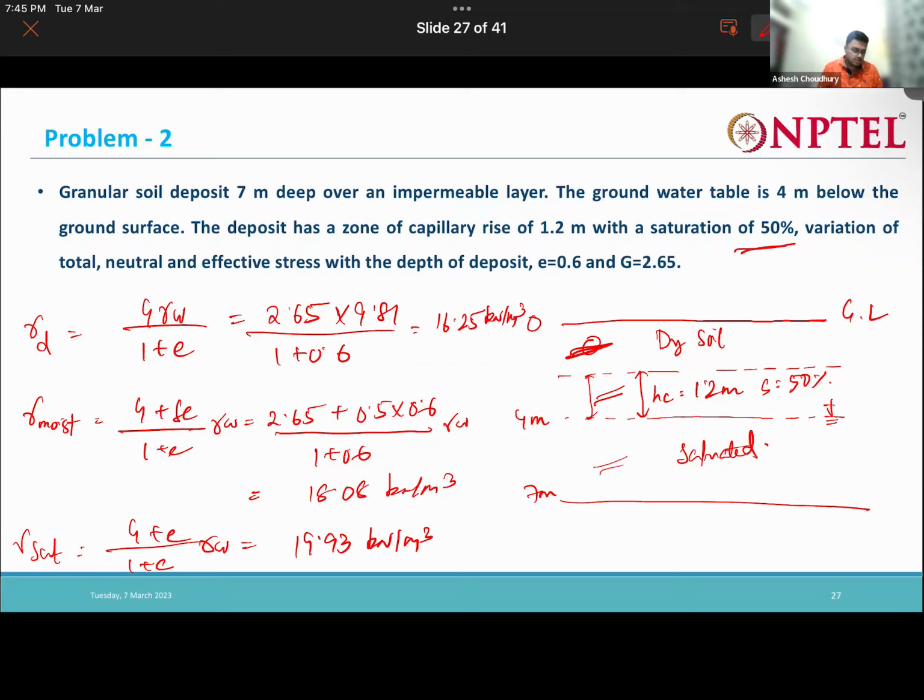Okay, so let us find out. At all four points A, B, C, and D, we will be calculating our total stress, pore water pressure, and the effective stress.